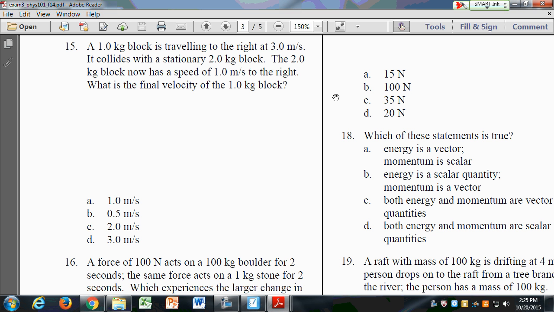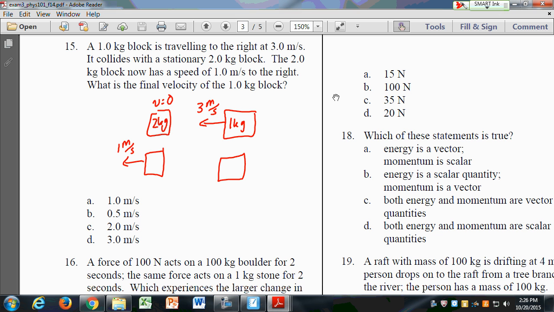So here I have an inelastic collision where momentum is conserved. I have a 1 kilogram block traveling to the right at 3 meters per second. I have a 2 kilogram block that's initially stationary. The 2 kilogram block now picks up a speed of 1 meter per second to the right.